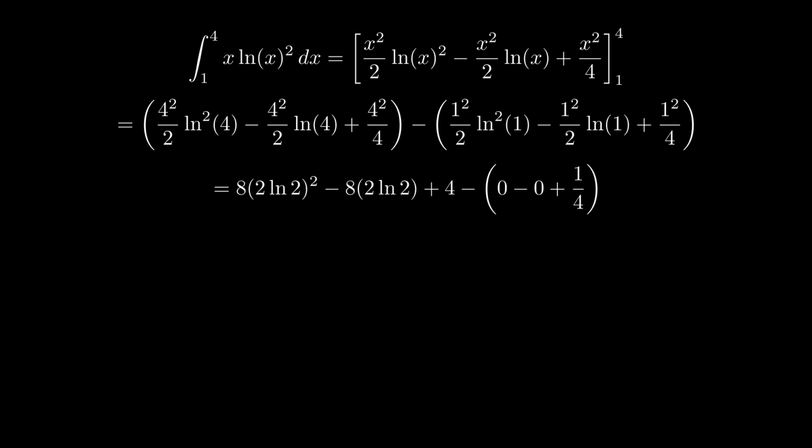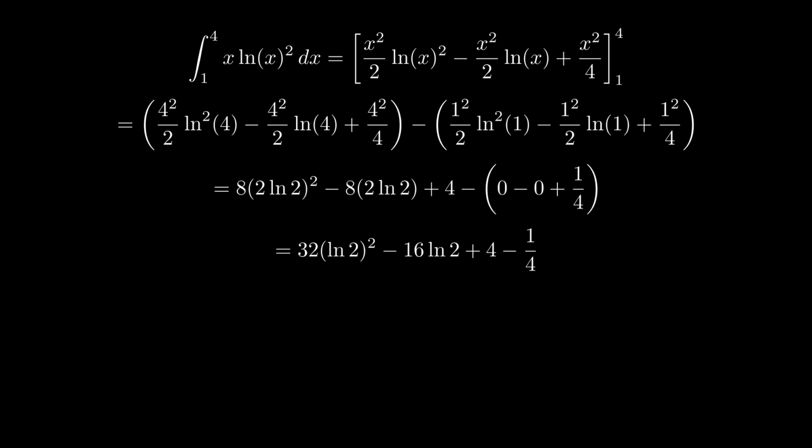Then continuing, we've got minus 8 times 2 log 2 plus 4. And then on the lower limit side, 2 of the terms go to 0 because the log of 1 is equal to 0. So the lower limit side simplifies just to minus a quarter. So we end up with 32 log squared 2 minus 16 log 2 plus 4 minus a quarter.